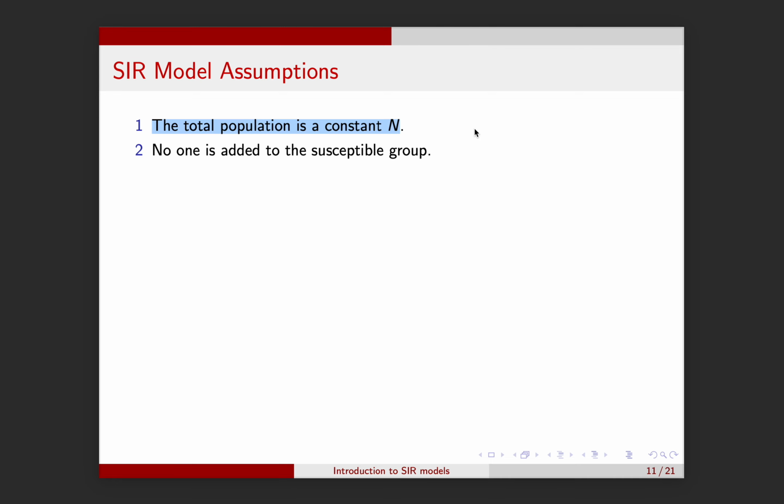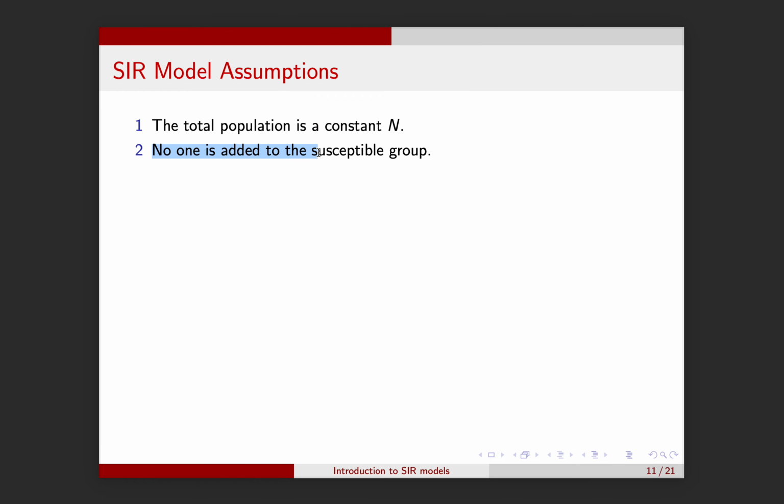These are short-term diseases. So in the short term, you might be okay disregarding births, disregarding immigration, to have a constant population. If you're going to model HIV, a long-term disease, you can't make this assumption. But for us, this might be okay.